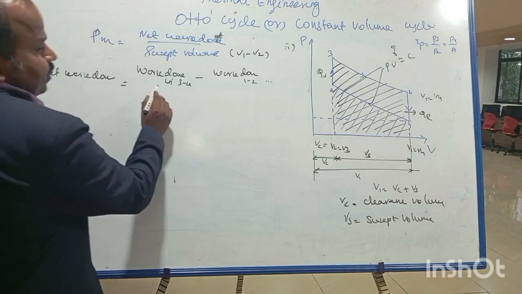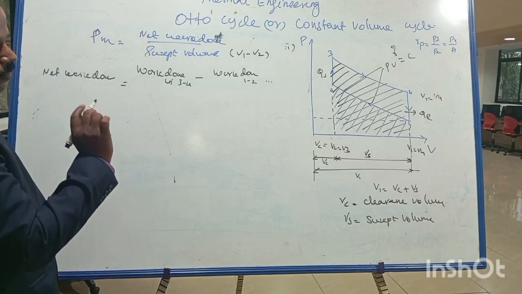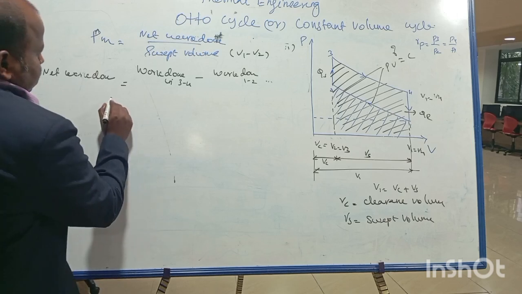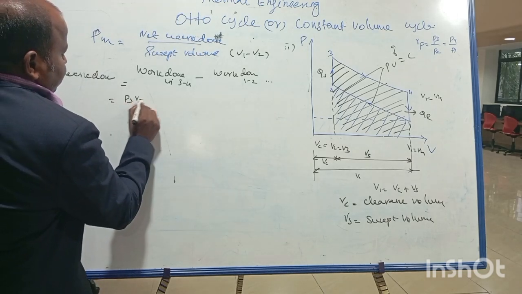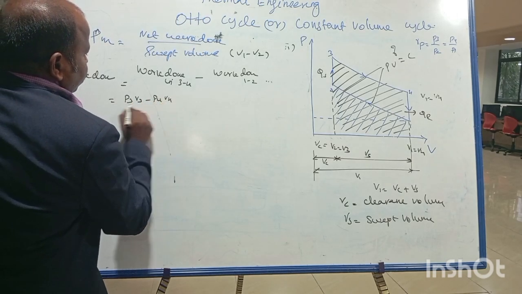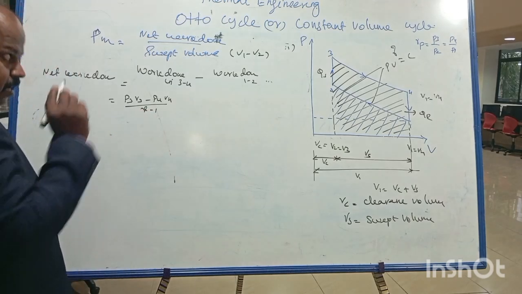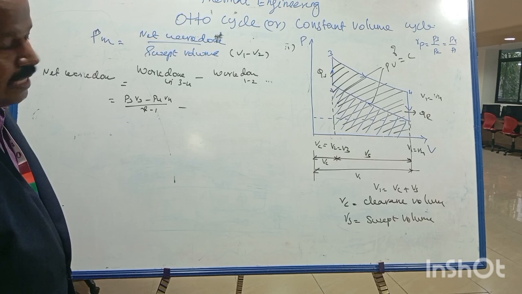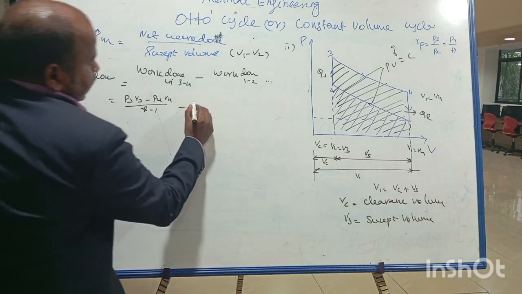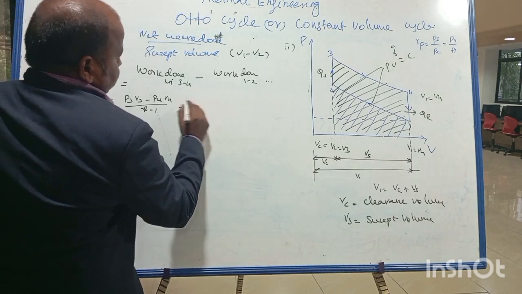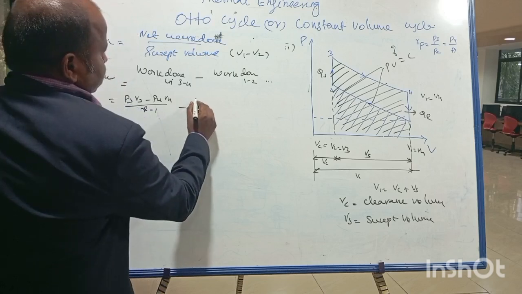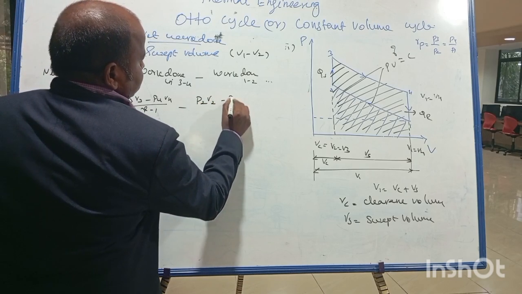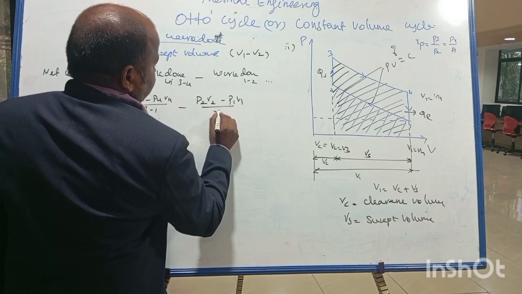Now I am going to write the formula for the work done during process 3 to 4. 3 to 4 is adiabatic expansion, that is P3 V3 minus P4 V4 divided by gamma minus 1, minus the work done during process 1 to 2, that is adiabatic compression, which I am going to write as P2 V2 minus P1 V1 divided by gamma minus 1.